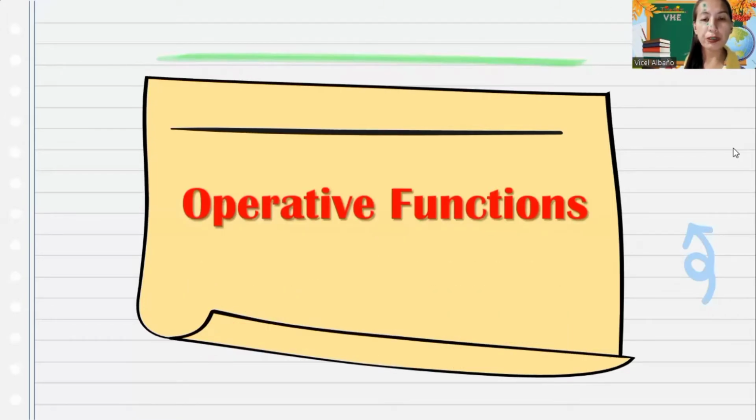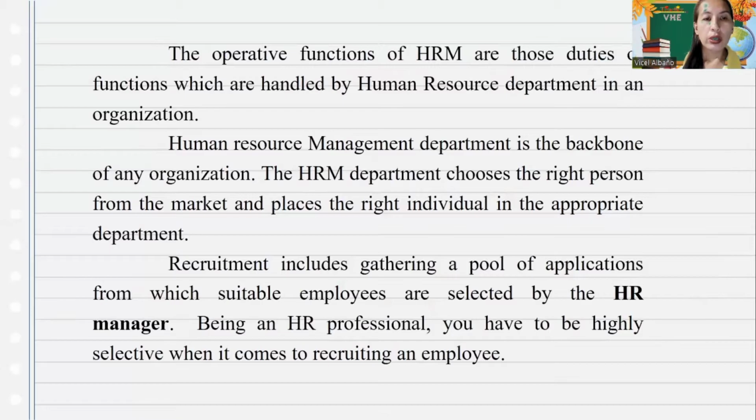Okay, the operative functions. The operative functions of HR are those duties or functions which are handled by the human resource department in an organization. The human resource management department is the backbone of any organization. The HR department chooses the right person from the market and places the right individual in the appropriate department.